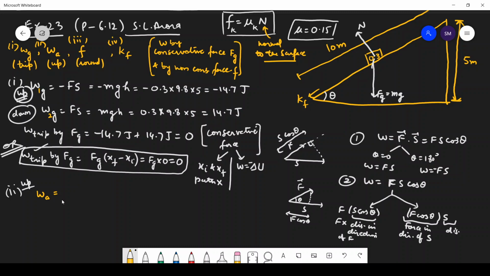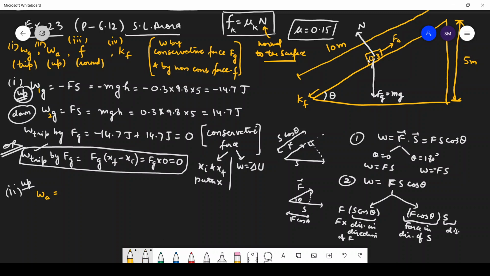Now, the applied force. So how much is the force you are applying? So now we need to deal with all the forces. So you are applying the force in upward direction, right? Along this plane. If you are taking the displacement 10 meters, so you are applying the force upward. Now what other forces do we have?